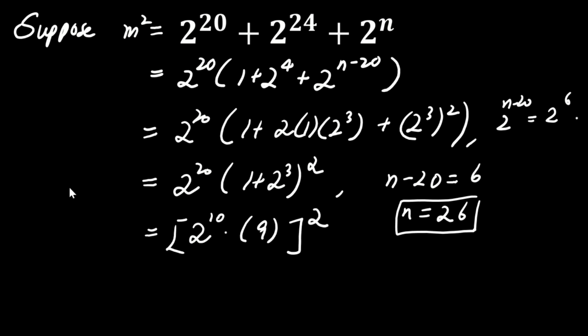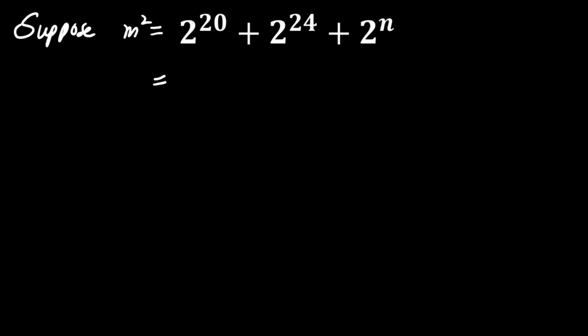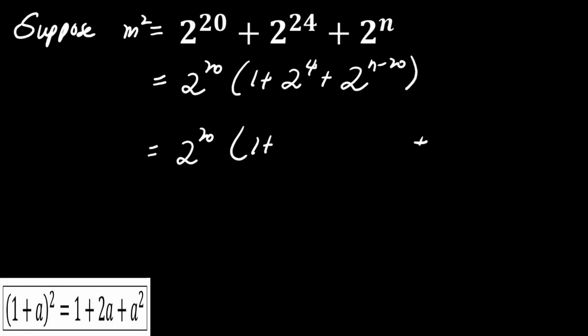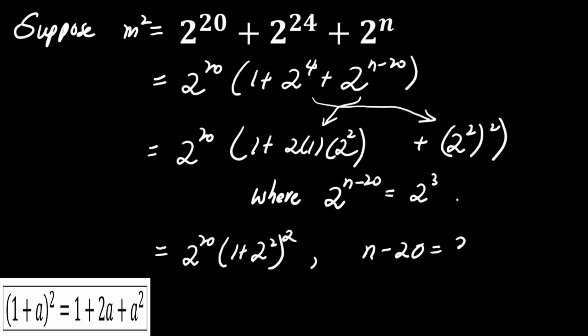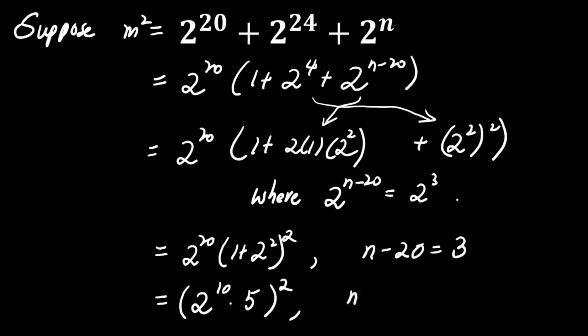We apply a similar method again, but switch the position of 2 to the power of 4 and 2 to the power of n minus 20. Write it in the form 1 plus 2a plus a squared. We successfully make it a perfect square if n equals 23.